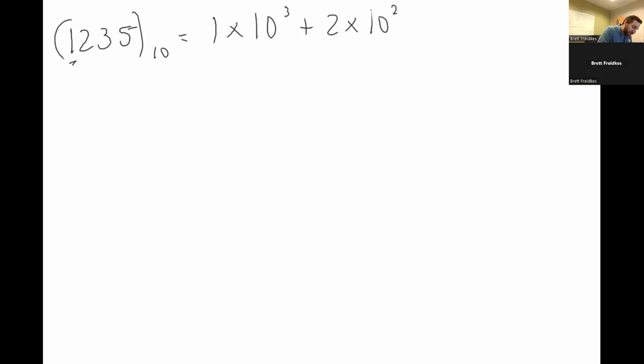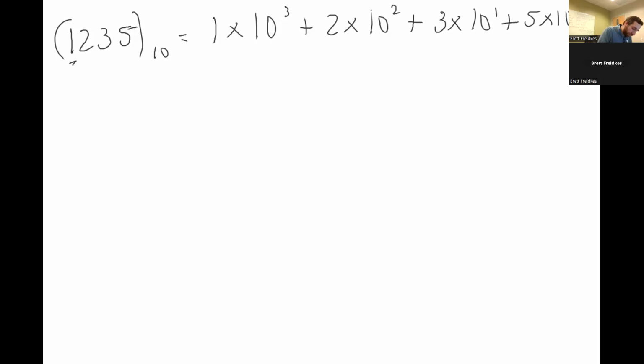Now let's break down this process again. Let's say I look at a number like 1,235. And this is base 10. We said in class that this is the same as 1 times, this is in the 1,000 spot, 10 cubed, plus 2 times 10 squared plus 3 times 10 to the 1 plus 5 times 10 to the 0.